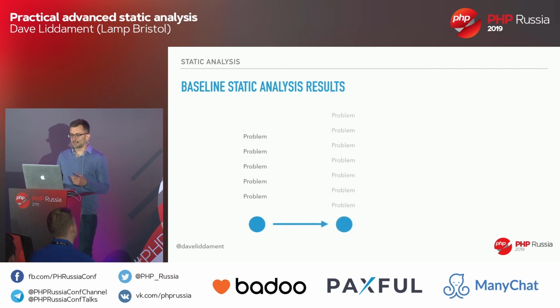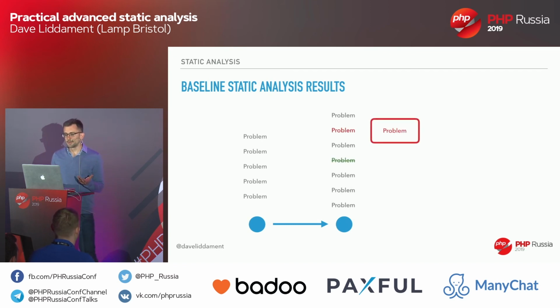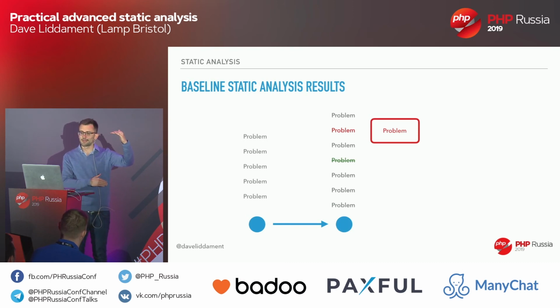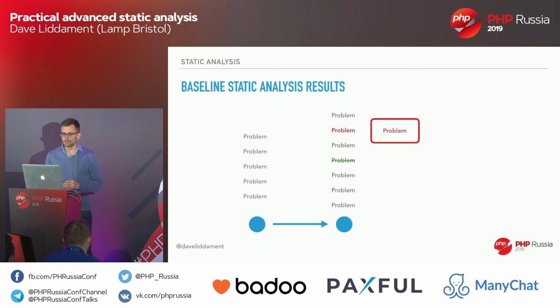We rerun the static analysis tool, and we have a load more issues. Maybe we fixed some of the issues that were previously there, but we've introduced a new one. And all I care about is what is this new issue that has been introduced, because I want to make sure that although my code has a number of issues, I don't want those number of issues to increase. So I only want to see the new issues I've introduced since the baseline.